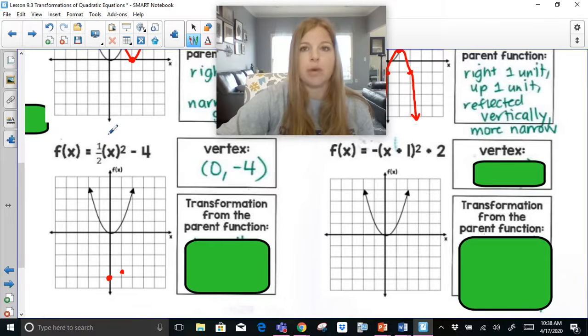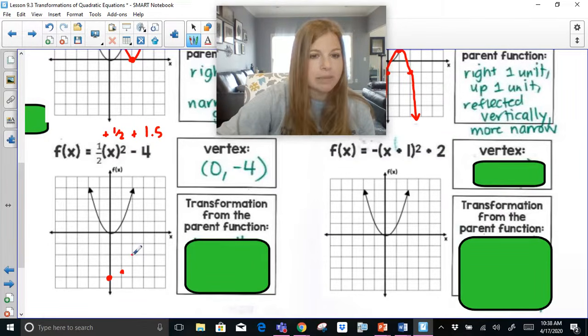Because instead of plus 1 plus 3, it's going to be plus 1/2 plus 1/2. Okay, I'm literally just cutting those numbers in half. So then out 1, up 1/2. That's going to be here. And I'm just going to make my mirror images.